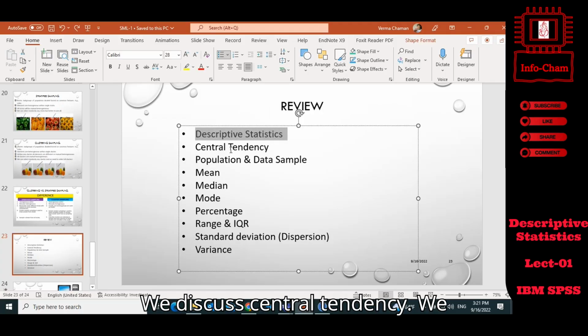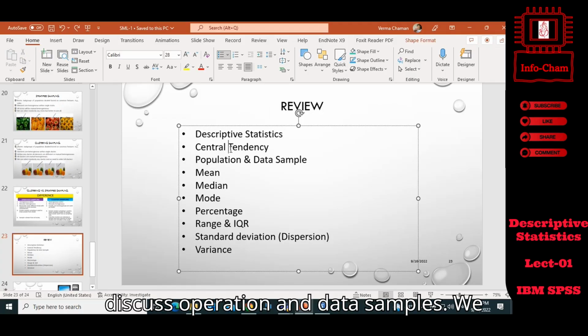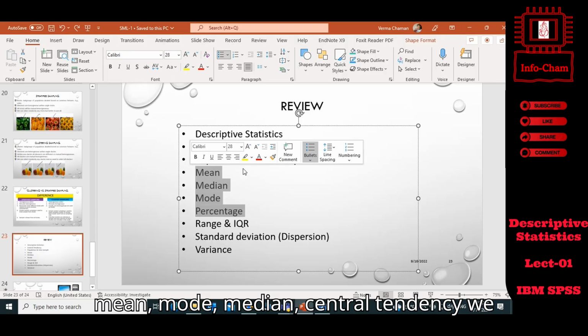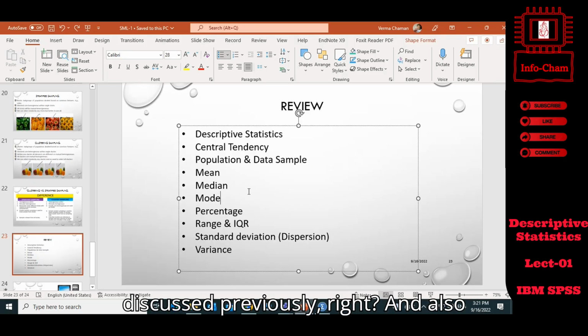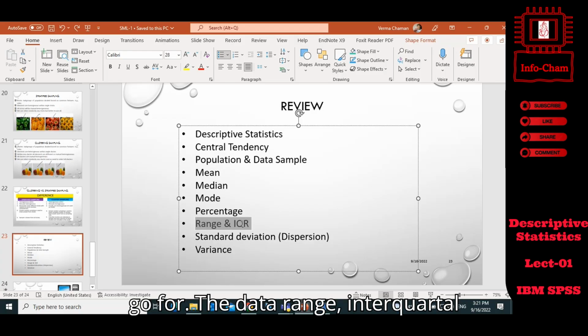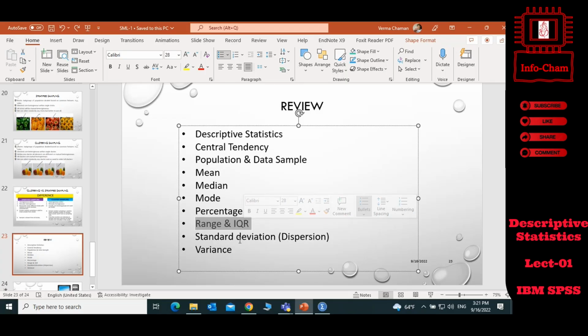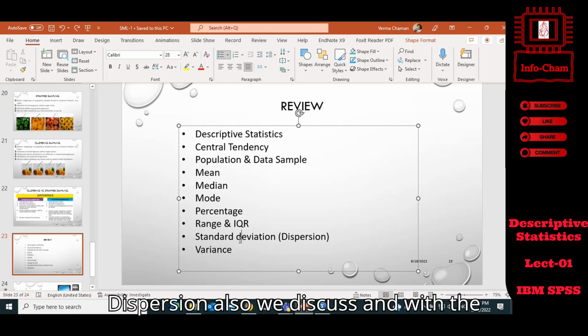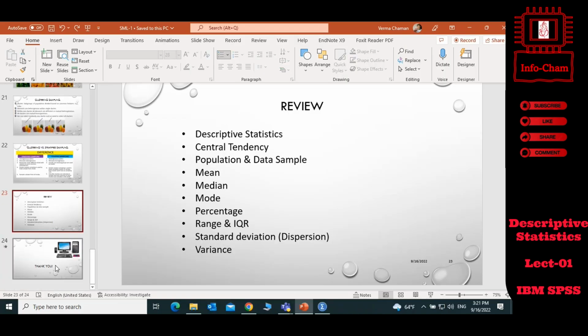We discussed central tendency, population and data samples, and the mean, mode and median. When the mean is not working, we can go for the data range or interquartile range. We also discussed dispersion, and with its help we can go for the variance.